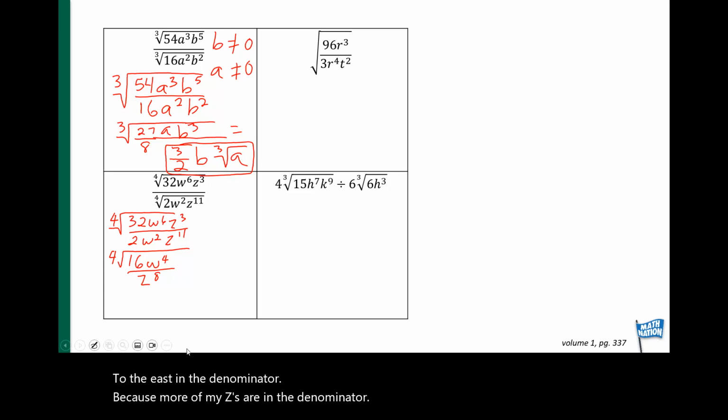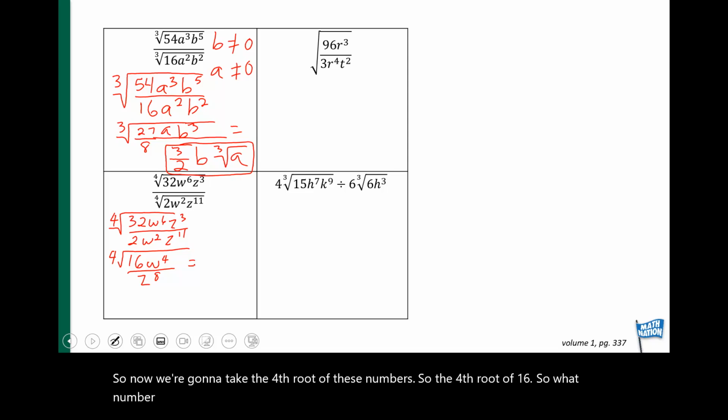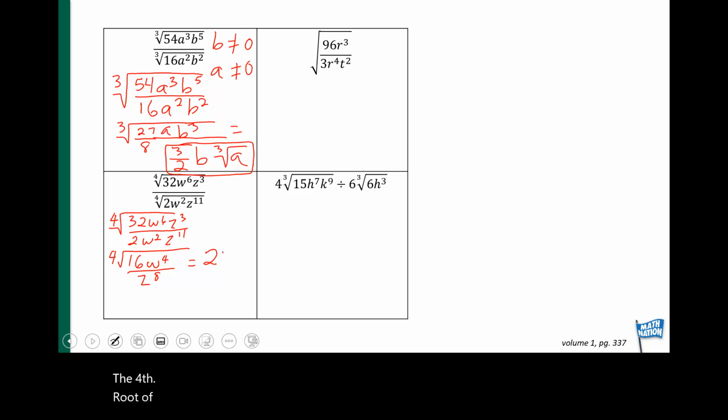So now we're going to take the fourth root of these numbers. The fourth root of 16: what number times itself 4 times will give you 16? That would be 2. The fourth root of w to the 4th is just w, over z to the 8th: the fourth root of z to the 8th is z to the 2nd.